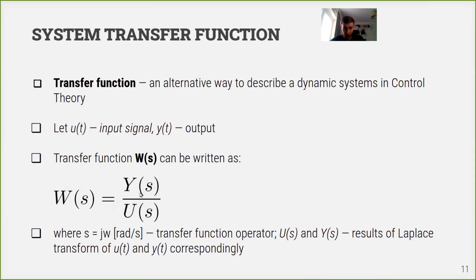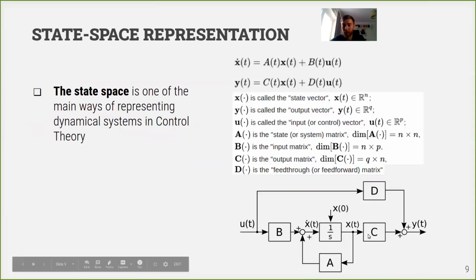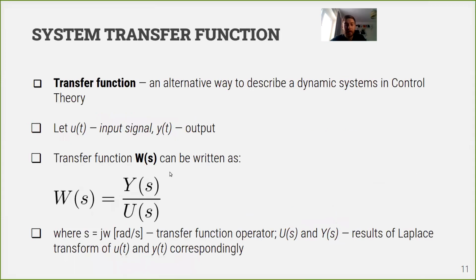And to simplify working with this transfer function, again, here you have seen 1 over S. This is also the Laplace transform of an integral, basically. So it doesn't matter for us, at least in this lecture. We just know that we can perform some transformation over our output and input signals, and then the division of output over input gives us a transfer function in this particular form.